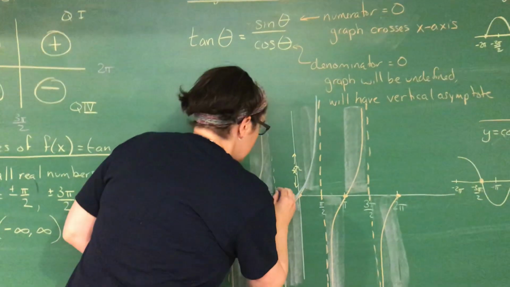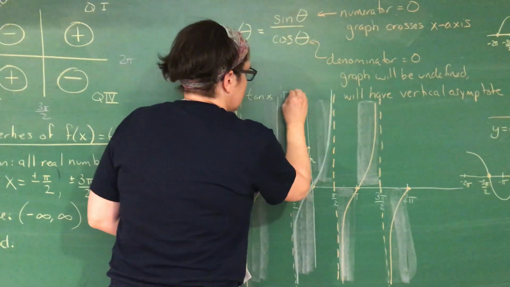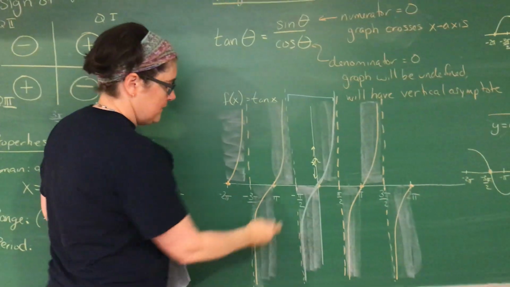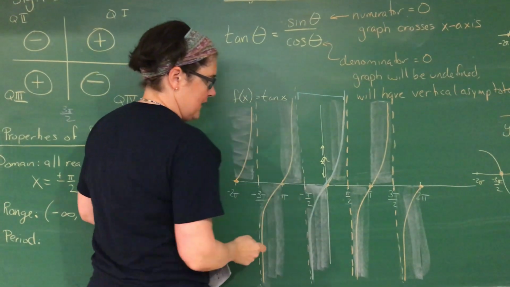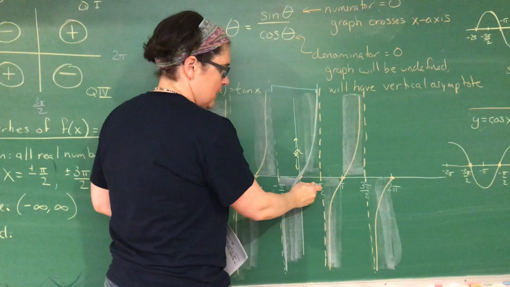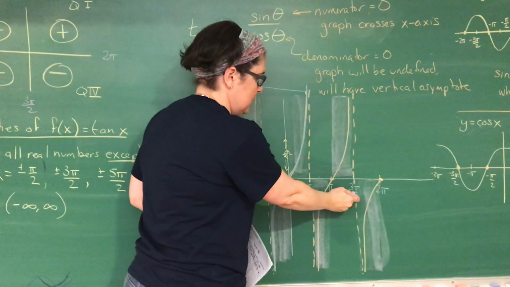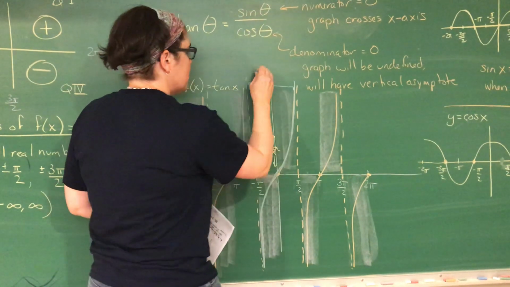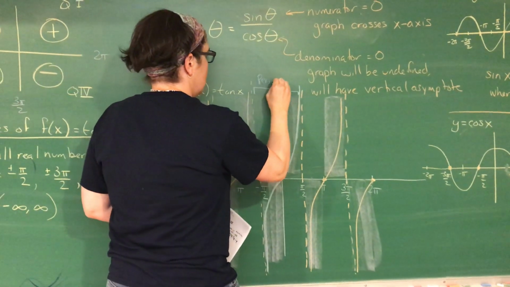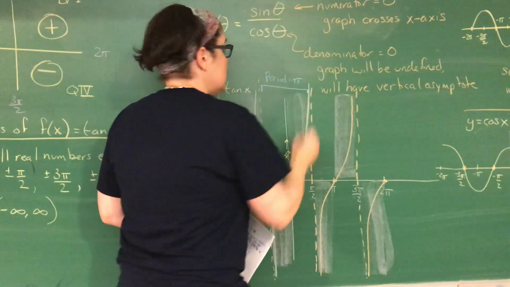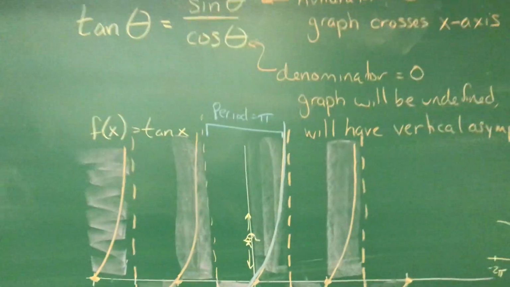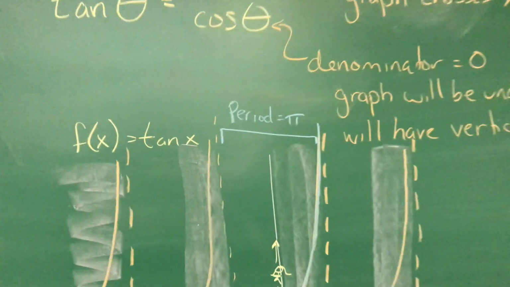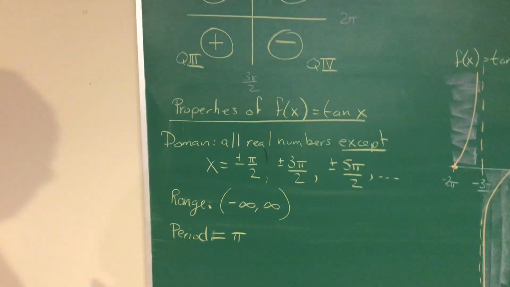And notice how far it is between the beginning to the end of one branch, from negative pi over 2 up to positive pi over 2, positive pi over 2 up to positive 3 pi over 2. The difference between those two, the beginning and the end of the branch, is the distance of pi. So this is different than the sine and cosine functions. In this one, the period is pi for tangent.